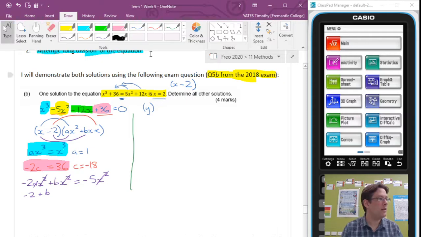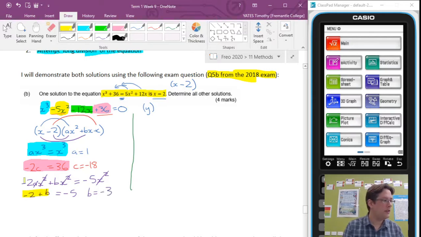Negative 2 plus b equals negative 5. So what's b going to be? B is equal to negative 3. There we are. So we have gotten an equation, and the reason I crossed out the a is because I knew this a was equal to 1. 1 times anything doesn't change our number, that's why I crossed it out. So we've got negative 2 plus b equals negative 5.